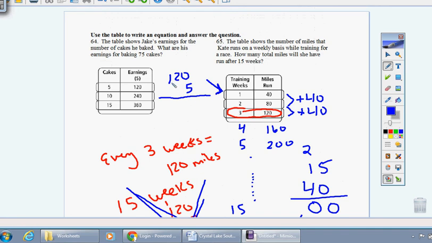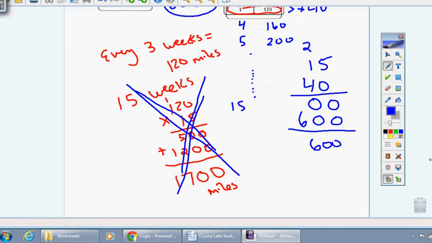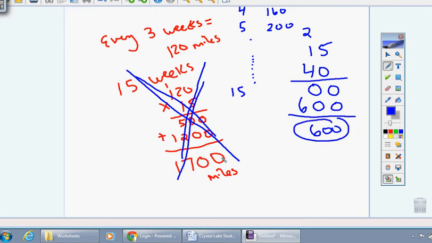Or if she runs 120 miles every 3 weeks, then we have 5 3-week segments, so we can multiply 120 times 5, and that would give us our answer. 5 times 0 is 0, 5 times 2 is 10, and 5 times 1 is 5, plus 1 is 6. So your answer should be 600 miles, not 1,700 miles. Okay.